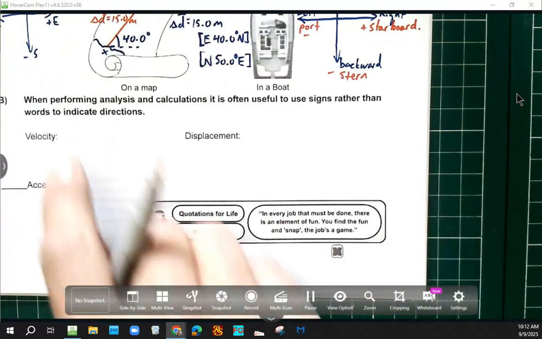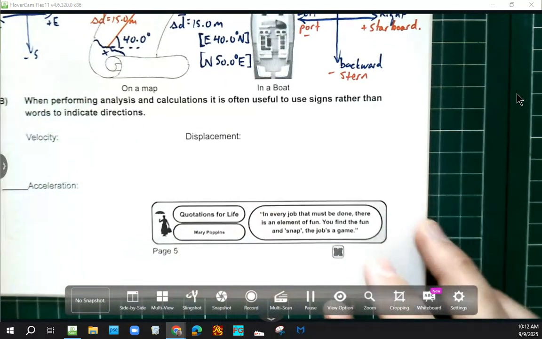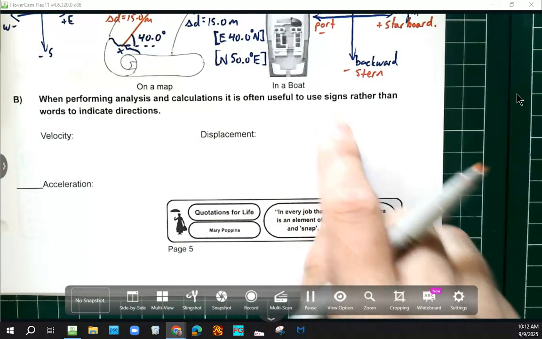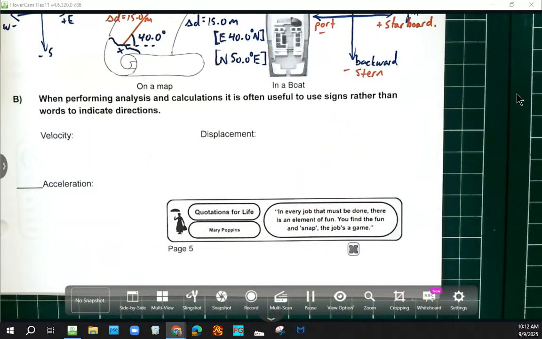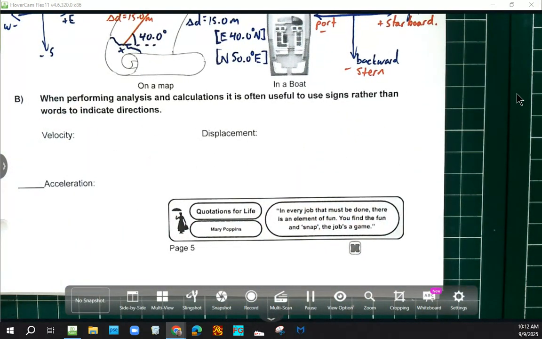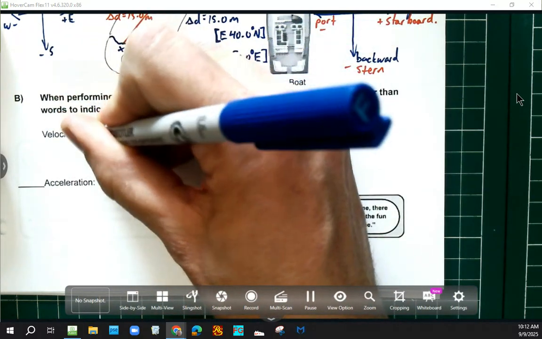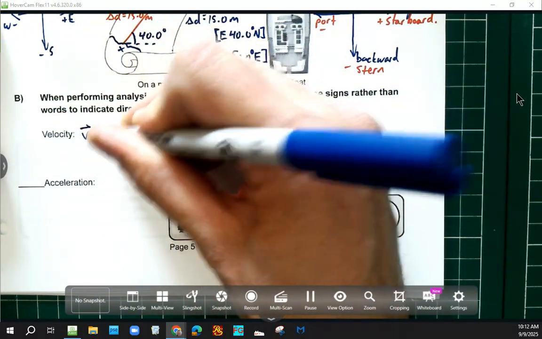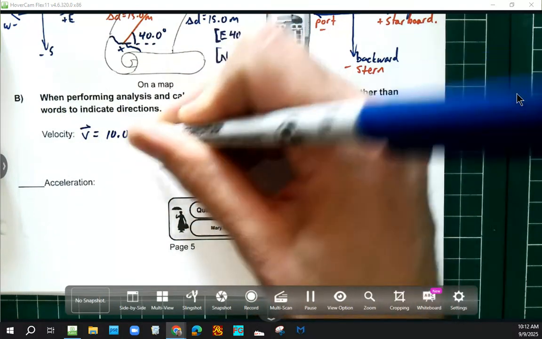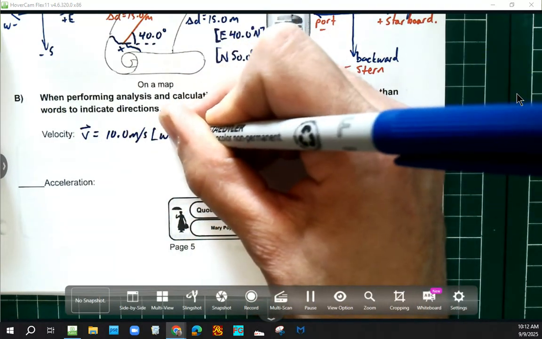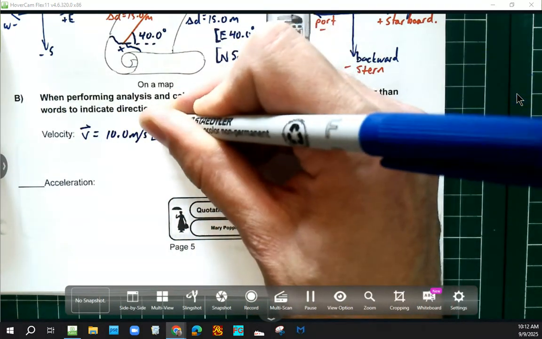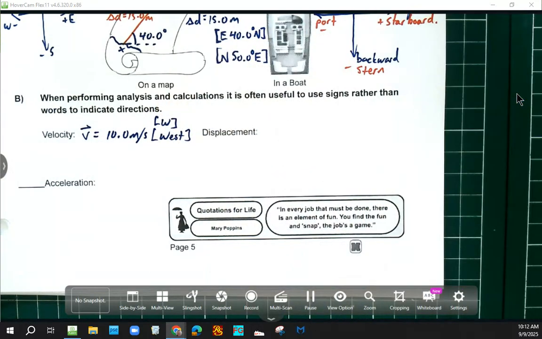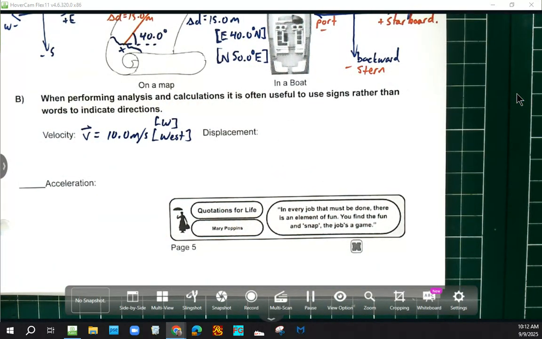All right, so when performing analysis and calculations, it's often useful to use signs, as we talked about, rather than words to indicate directions. So for velocity, just in case we didn't catch it, we might have a velocity of 10.0 meters per second west. Sometimes people use just a capital W, which might be sufficient, depending on the situation.